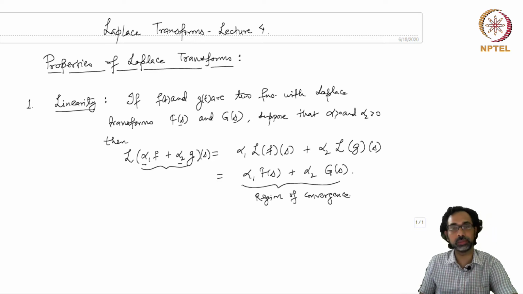Remember that whenever we compute a Laplace transform, we have to specify the region of convergence as well, otherwise the answer is deemed incomplete. So, let us try to understand what is the region of convergence of this function alpha 1 F(s) plus alpha 2 G(s).